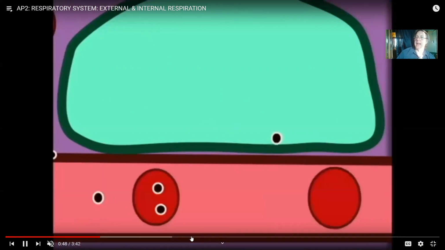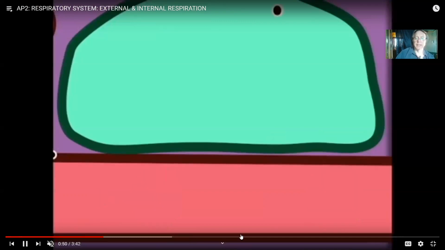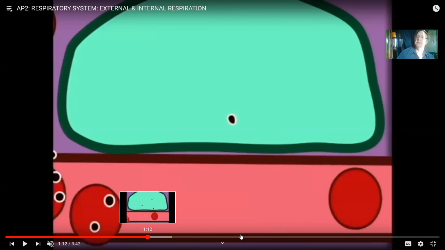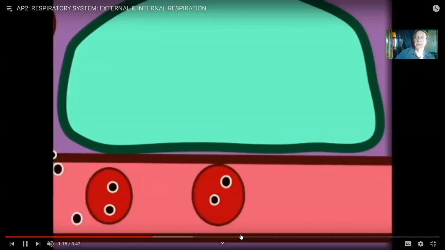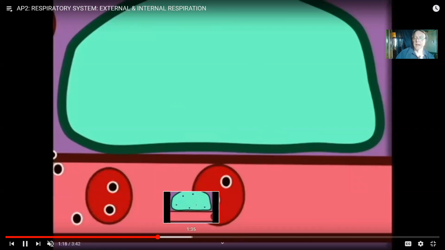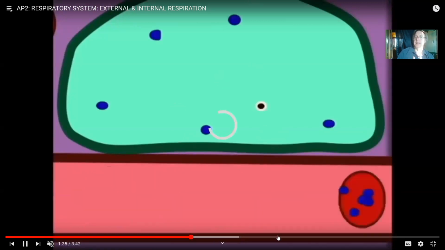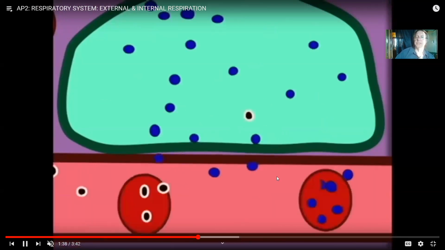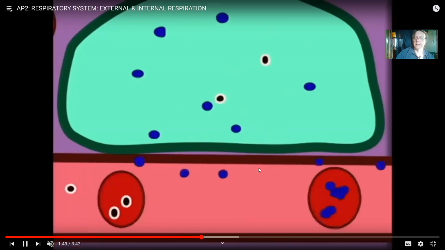So in external respiration, oxygen is coming into the blood from the air sac, and carbon dioxide is leaving the blood going into the air sac. These gases are moving in opposite directions. This is what is occurring in external respiration, which occurs in the lungs.